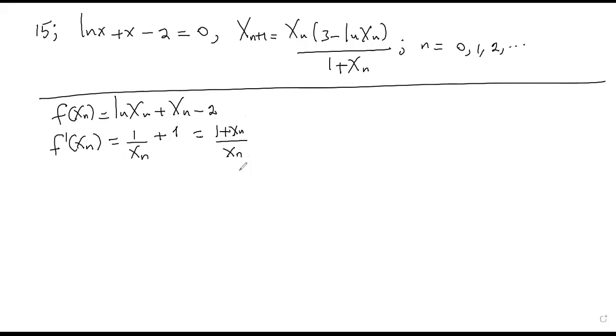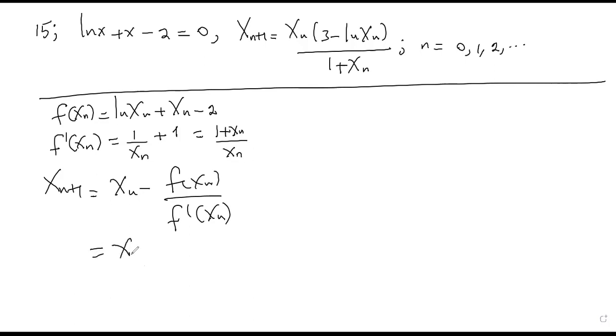Okay. Now, since we are right here, I can bring in the aspect that x_{n+1} is equal to x_n minus f of x_n over the derivative of f at x_n. Interesting. This is quite interesting. Substitute: it will be x_n minus the function, which is ln x_n plus x_n minus 2.